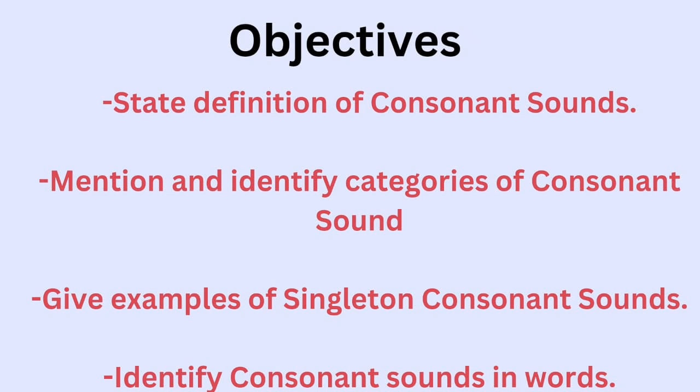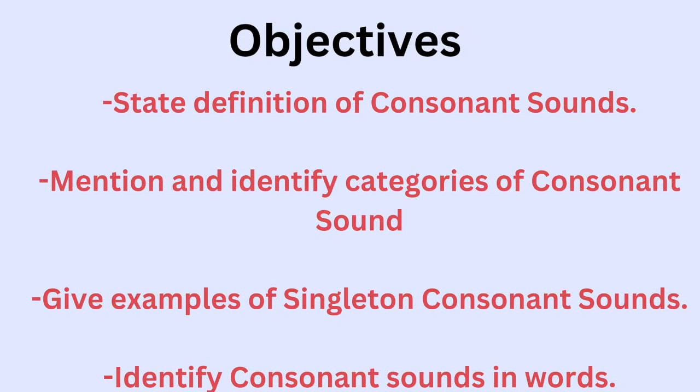Let's go over that again. By the end of today's lesson, you should be able to state the definition of consonant sounds. You should be able to tell us what consonant sounds are, and differentiate them from other sounds in English. You should be able to mention and identify categories of consonant sounds.